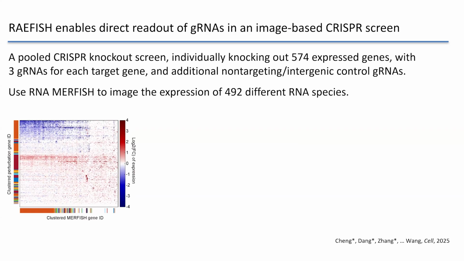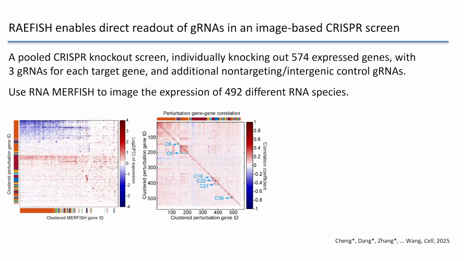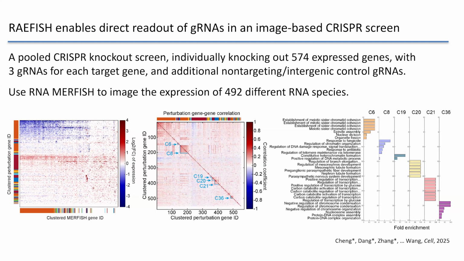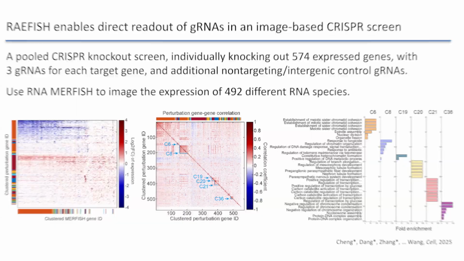Here, by clustering perturbation genes that generated a similar transcriptome response, we found gene clusters showing similar perturbation responses. And the genes in these clusters enrich specific gene ontology terms. There are also under-annotated genes in these clusters, and now we can hypothesize about their potential functions based on their clustering with the better studied genes.